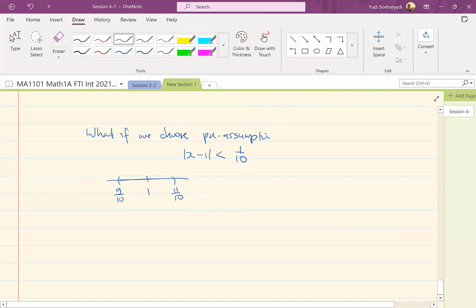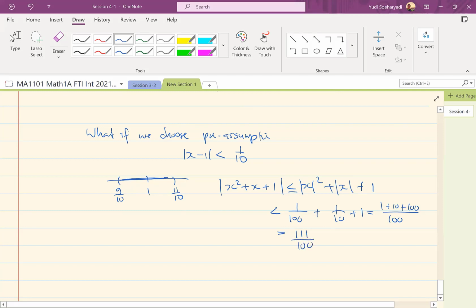Okay, I see, that's the range of 10. Then this one is less than x squared plus x plus 1, right? So this is less than 1/100, 1/10, 1. So this is 100. So 1 plus 10 plus 100, so this is 111 over 100.